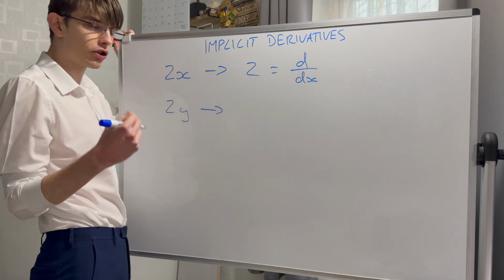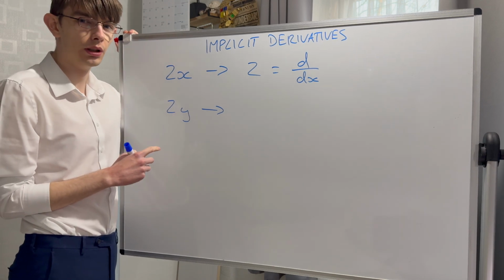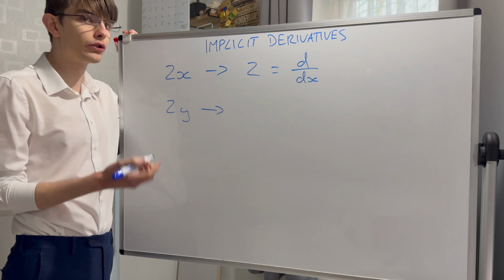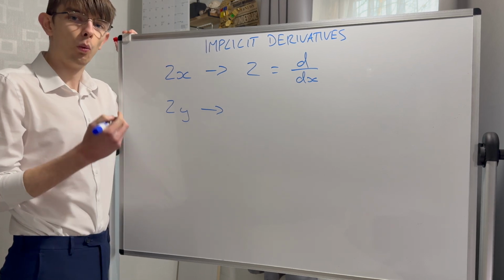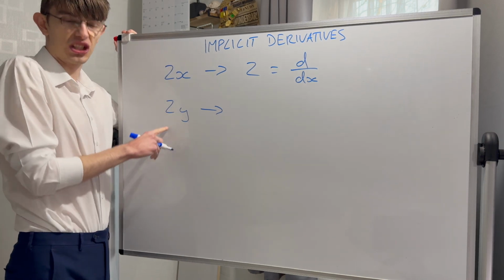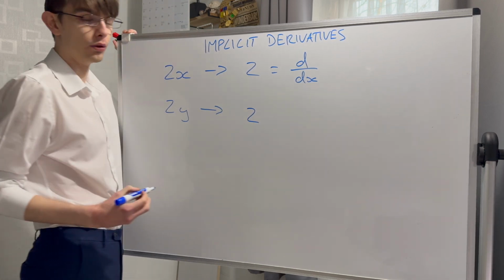But with respect to x, well, you might be looking at it and saying, there's no x variable, can't I just consider it as 0? But the answer is no. What we would do is differentiate this, pretending, more or less, that y is x. So it would differentiate to 2.